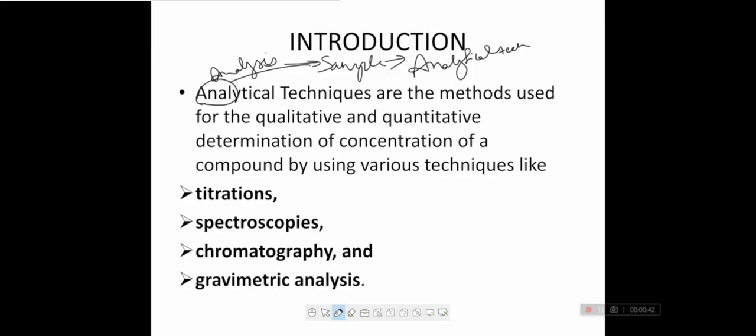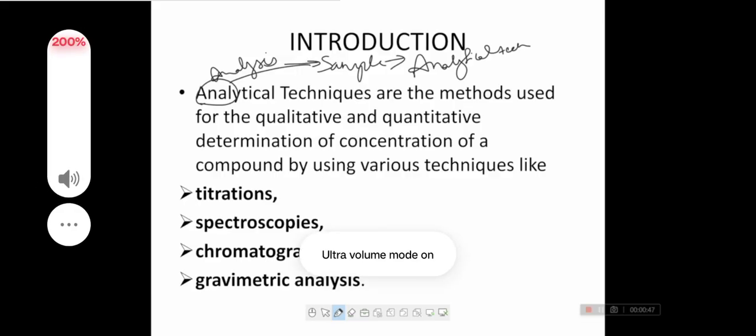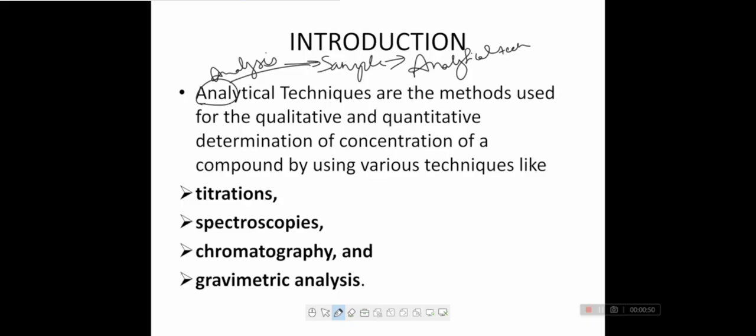Analytical techniques are the methods used to perform the qualitative and quantitative determination of concentration of a compound by using various techniques like titration, spectroscopy, chromatography, gravimetric analysis, right? These are the techniques that are used for the analysis of samples or biochemical reactions in biochemistry.